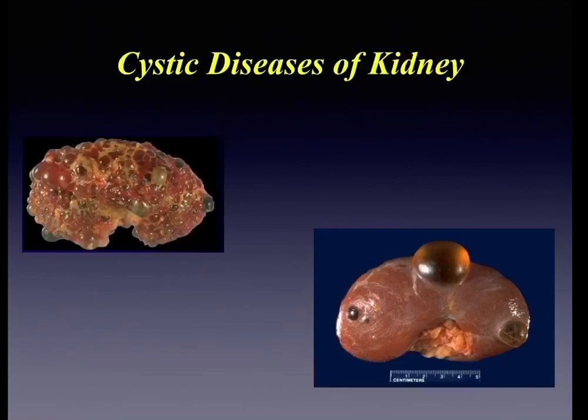Some of the cystic lesions can cause chronic diseases of the kidney. So these are the reasons why we need to know about the different cystic diseases of the kidney.